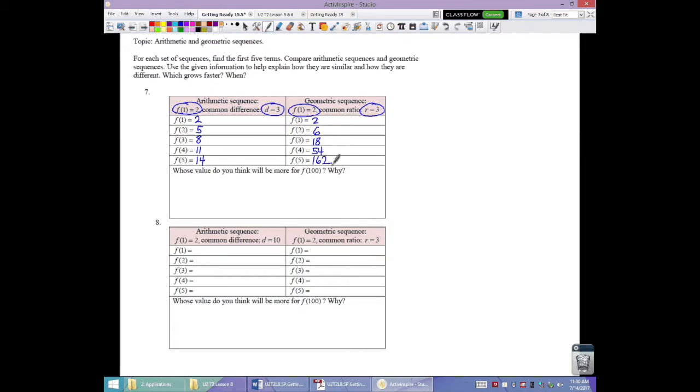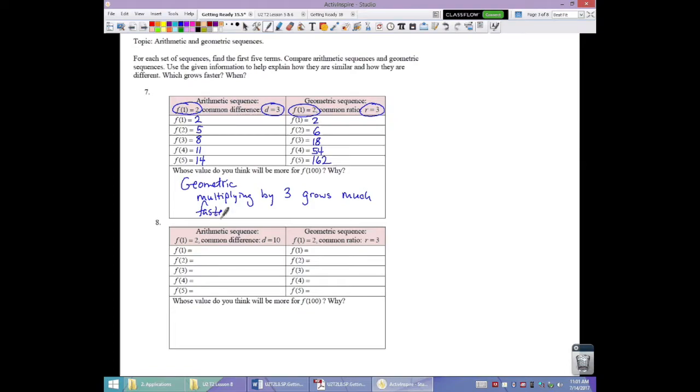So we can see that the geometric sequence very quickly outpaced the arithmetic. So whose value do you think will be more for f of 100? I hope it's obvious to you that the geometric sequence would. And the reason it's going to get there or become such a high number quicker is because multiplying by 3 grows much, much faster than adding 3.